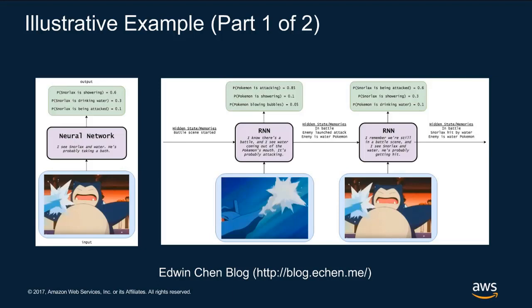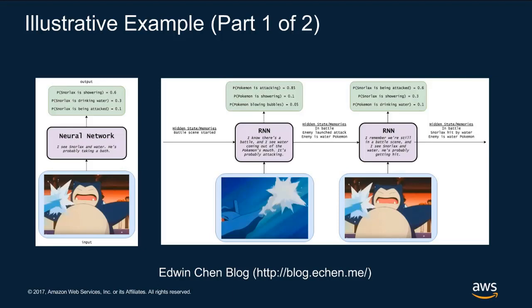So now let's move to understanding recurrent neural networks. And here there's some hidden state, what we call memory, that has been initiated and that you leverage before you start analyzing. So you can see in the first cell, the memory being fed in is that a battle scene has started.